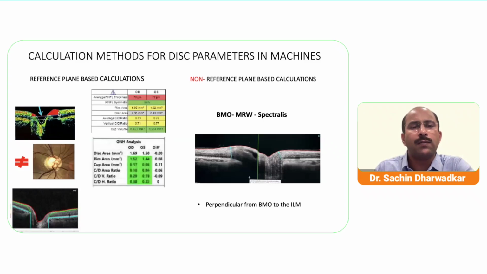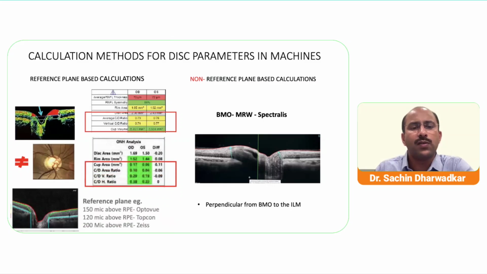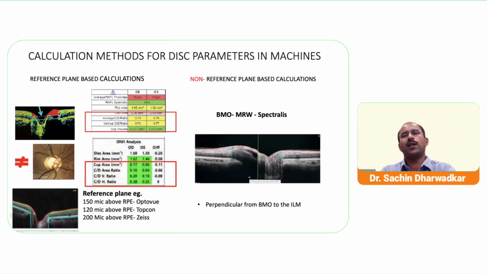The prototypical examples that are used for making the cup disc ratio are the reference planes above the RPE. Now, the Zeiss has come up with a new technology, but most of these other machines, like the OptoView and Topcon, have reference planes around 120 and 150 microns above the RPE.